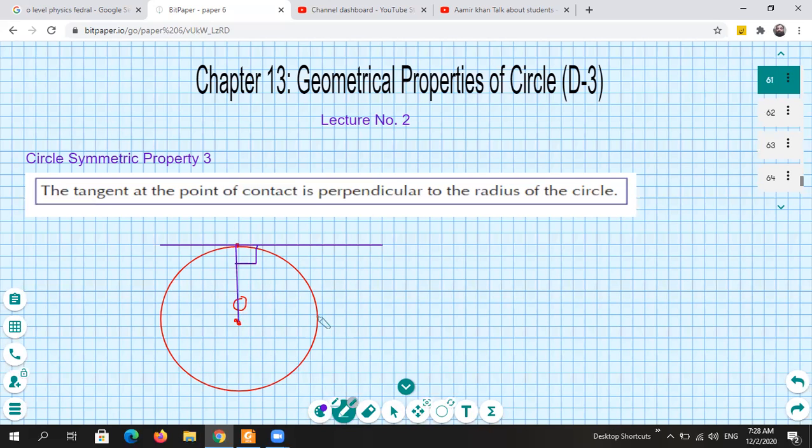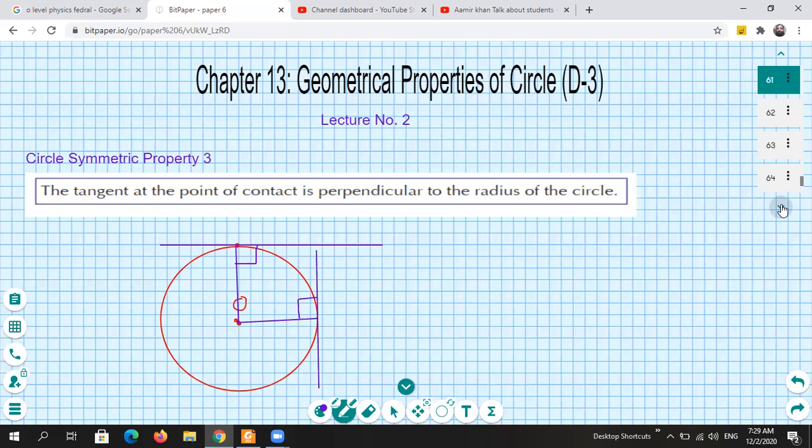Like if we have this point, the tangent will be like this, and the radius is this. So the angle between the tangent and the radius will always be 90 degrees. So this is the statement of this property.